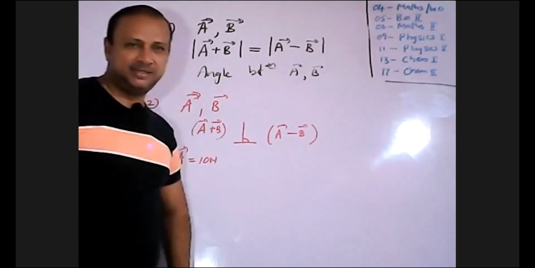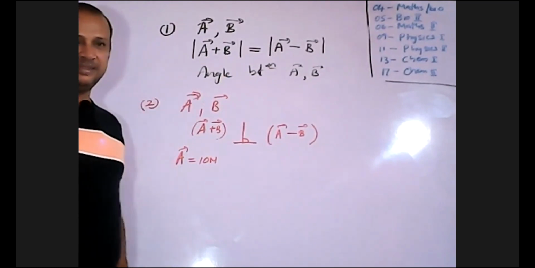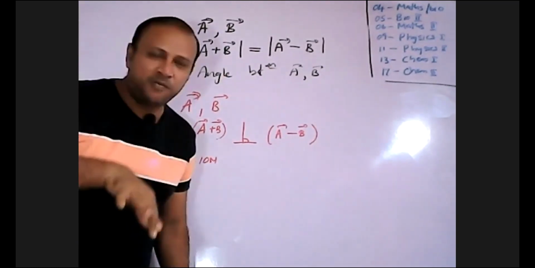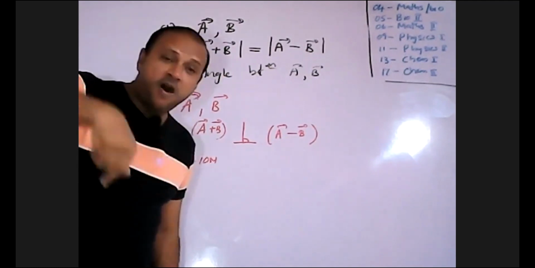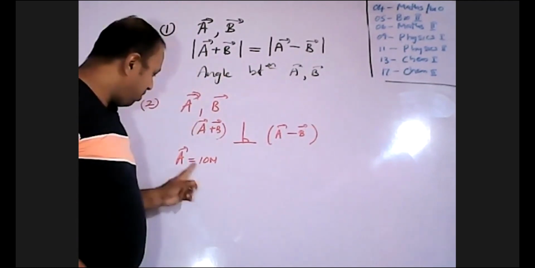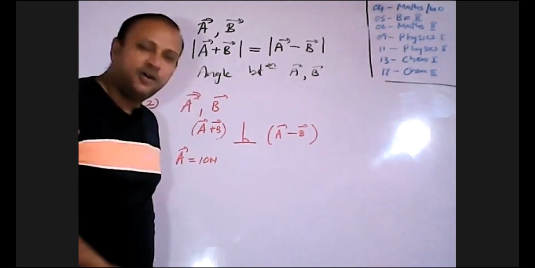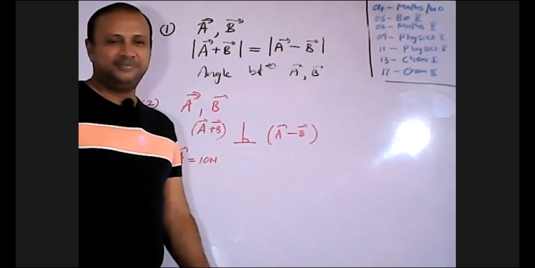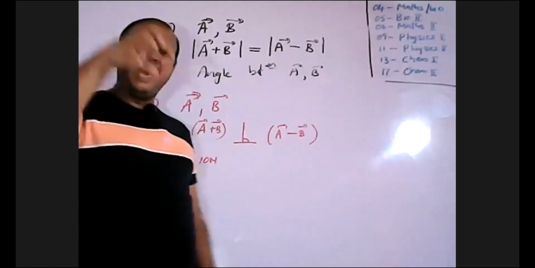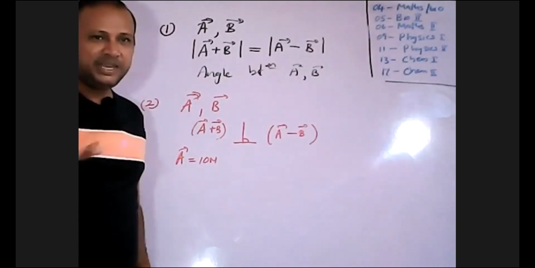Both can happen. If it is a square or rhombus, all the sides are equal in length. So if one side is equal to 10 Newton, the other side is also equal to 10 Newton. Therefore, the magnitude of the other vector should be equal to 10 Newton.